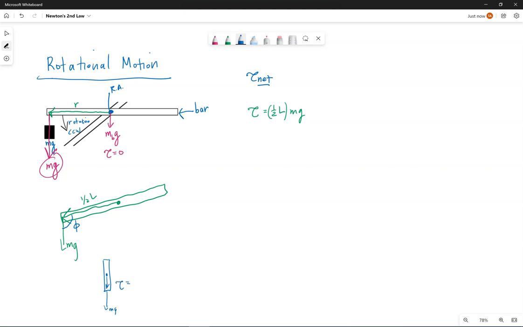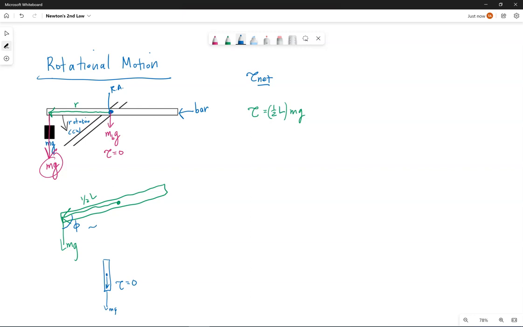The torque at this moment will be 0 because r and the force mg are parallel to each other. The line of mg goes through the rotation axis. That's what makes r and the force parallel, and thus no torque, no twist.